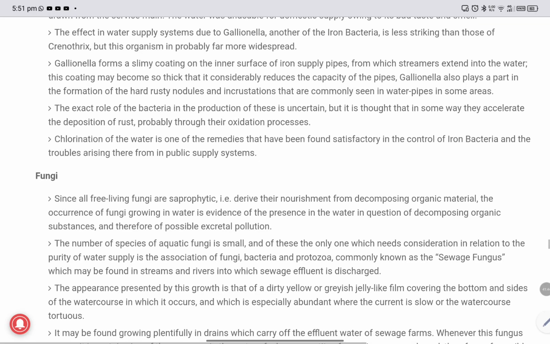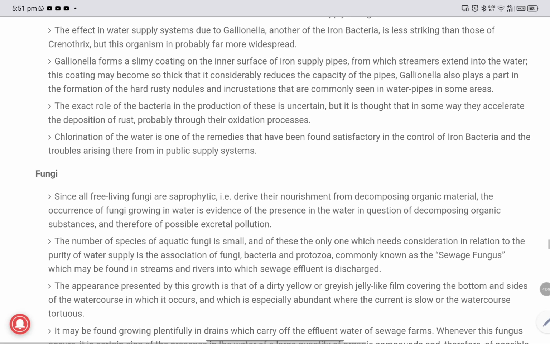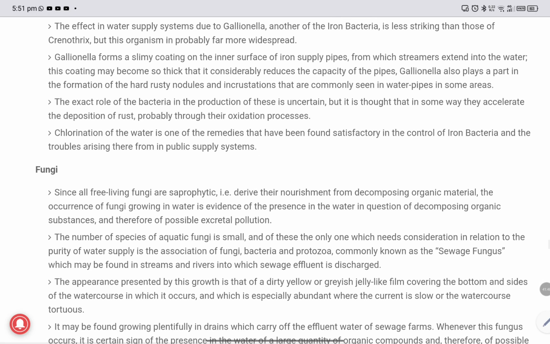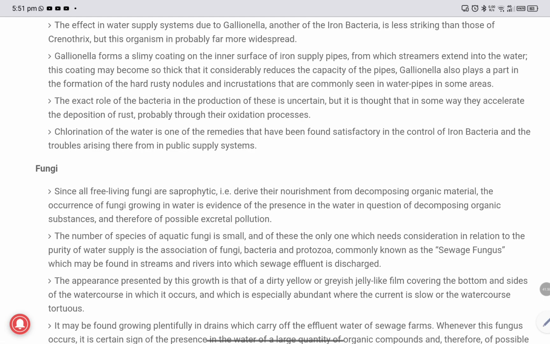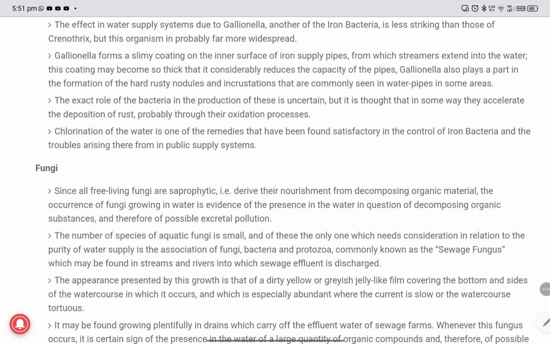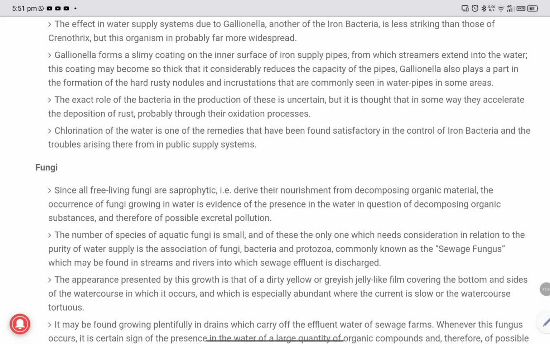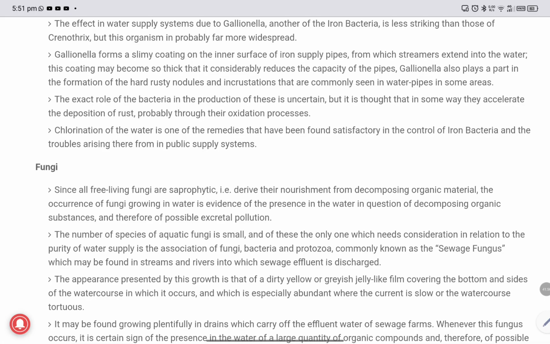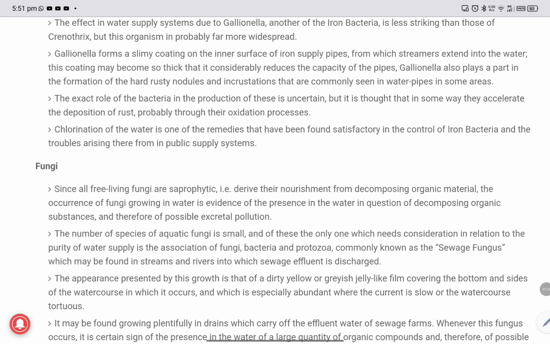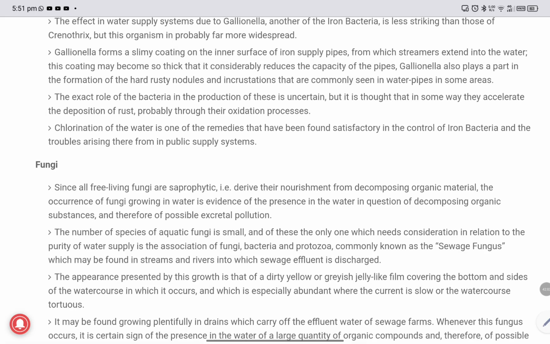This coating may become so thick that it considerably reduces the capacity of the pipe. Gallionella also plays a part in the formation of the hard rusty nodules and incrustations that are commonly seen in water pipes in some areas.